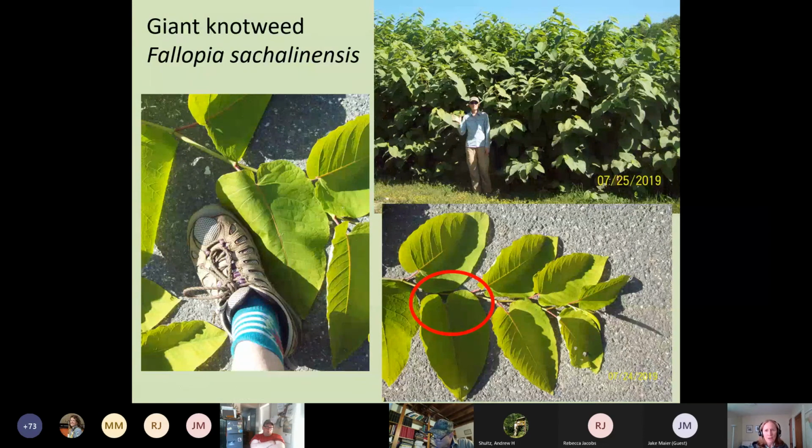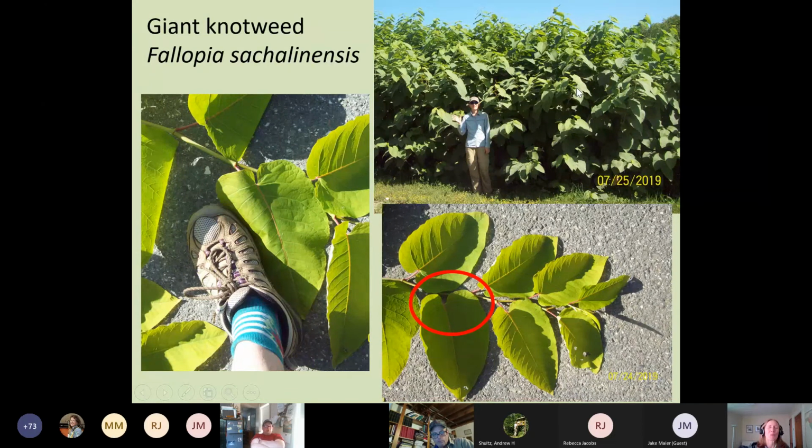And I will also say that these two species, the giant knotweed and the Japanese knotweed, are known to hybridize. The hybrids are fertile and they can back cross with either parent, which produces a bewildering array of plant shape. So in the photographs that I've showed you, it's very clear that this is a giant knotweed and not a hybrid.